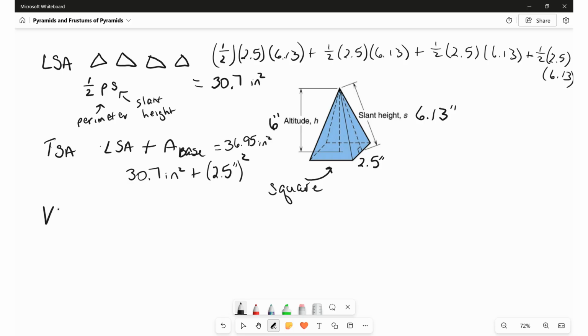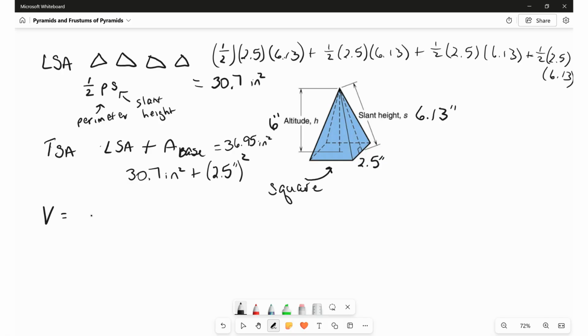Now for volume. This is where you are going to have to remember a new formula. The volume of a pyramid, because think about this: how many sides does a triangle have? If you said that a triangle has 3, you're correct.